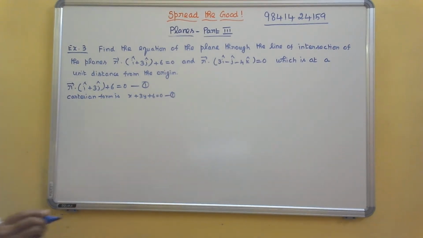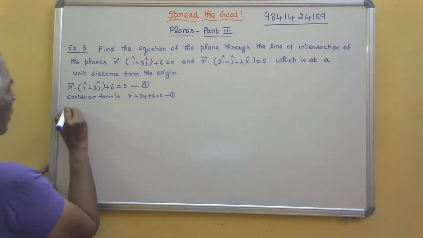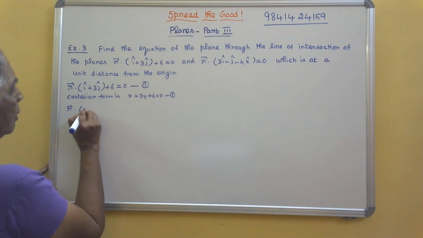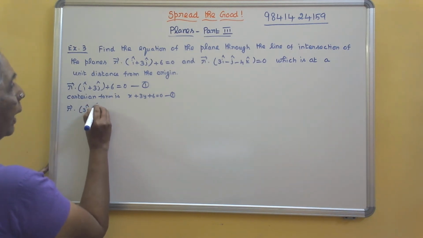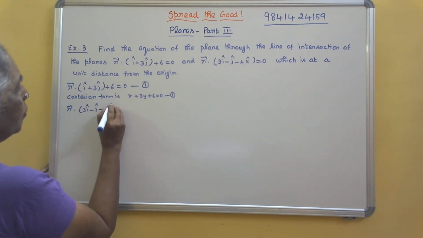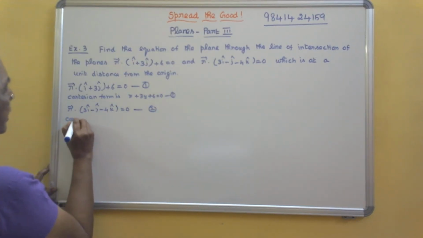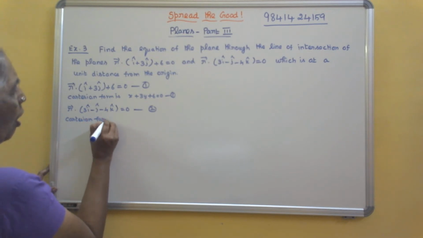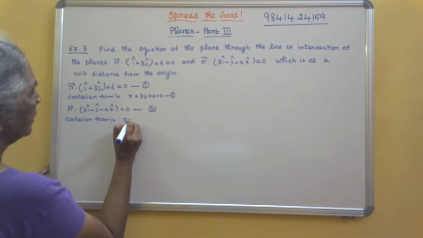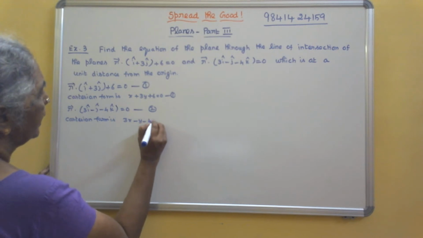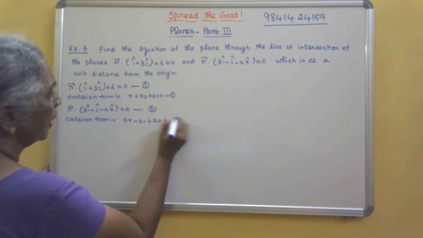Let me write the second equation: r vector dot 3i cap minus j cap minus 4k cap is equal to 0. Let me write the Cartesian form for this. The Cartesian form is 3x minus y minus 4z is equal to 0, right?